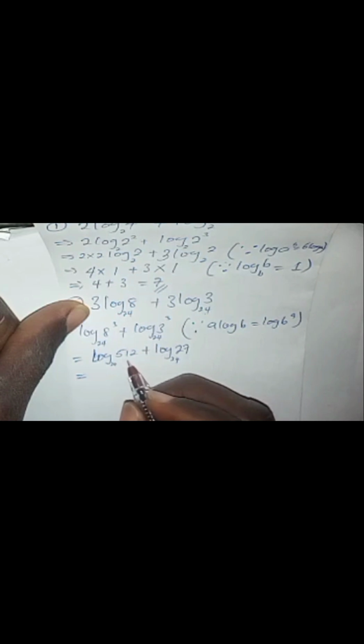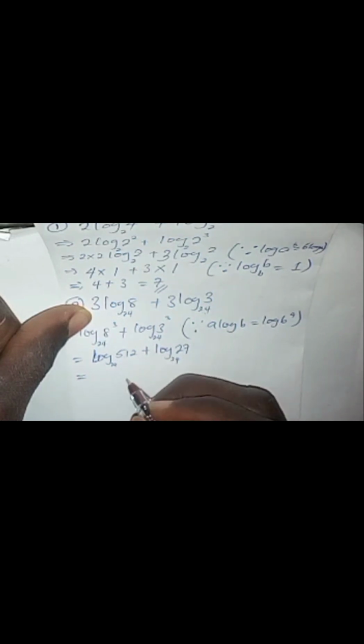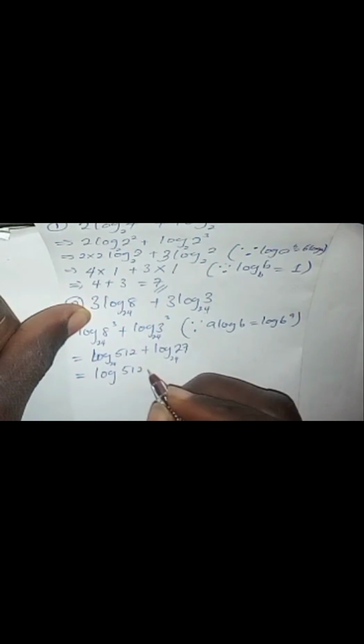And then our base, we have 24 here and 24 here. From here also we are going to multiply this one by this one based on the product law. We have taken the product law in reverse order. This is the same thing as log of 512 times 27, and then we have this 24 here.